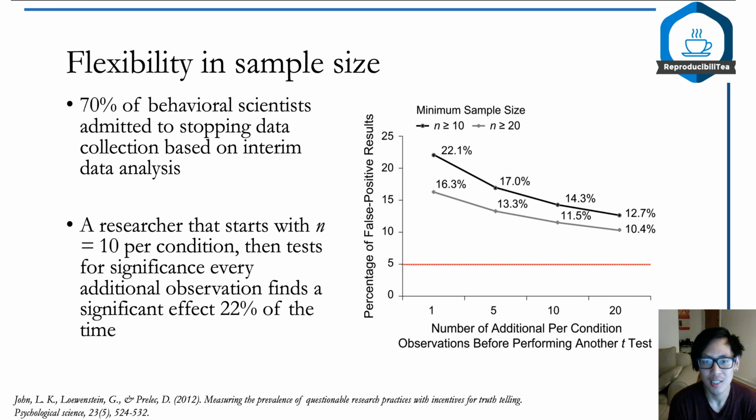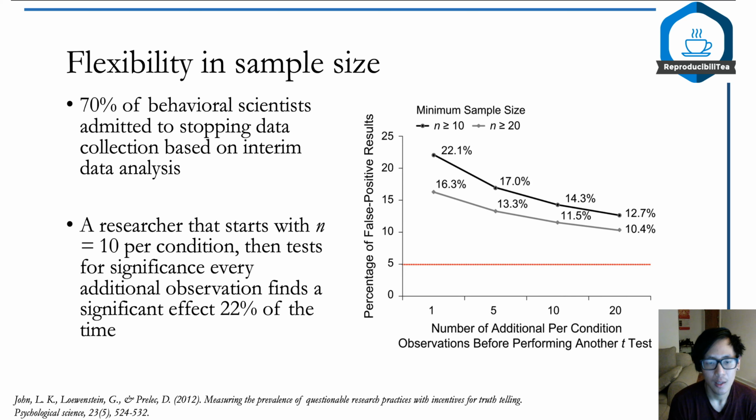And we can see what the effects of doing something like that is over in this data. So in the figure, you can see on the y-axis percentage of false positive results. And the two lines indicate whether you start off with 10 observations per cell or 20 observations per cell.